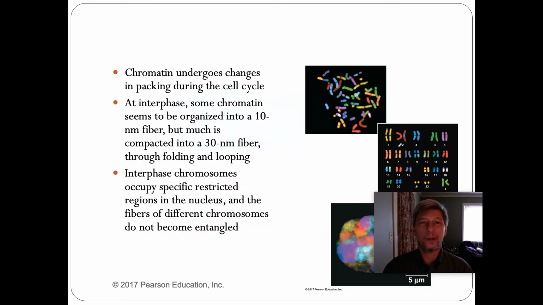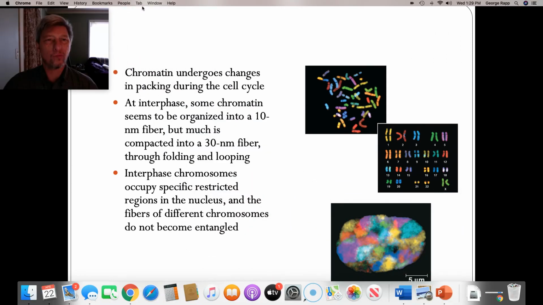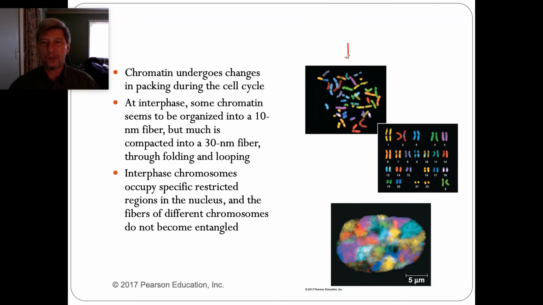Now, the chromatin itself is not just randomly spread around inside the nucleus, all right? During interphase, the chromatin has thinned out. You don't see the chromosomes like you see here in the karyotypes. The chromosomes themselves expand, and so you can't see individual chromosomes.